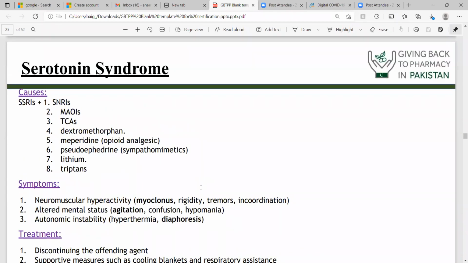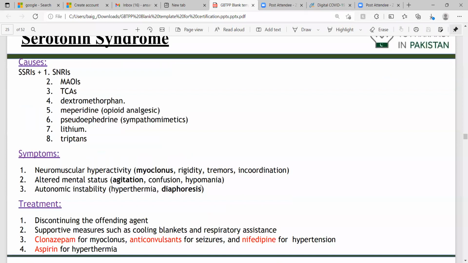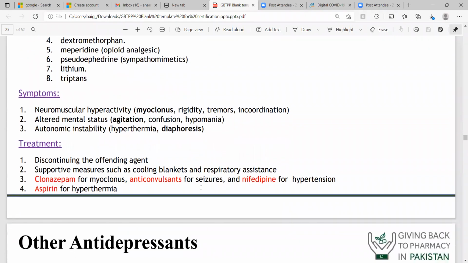In serotonin syndrome, this is just a slide for discussing serotonin syndrome. Symptoms are neuromuscular hyperactivity like rigidity, tremors, and altered mental status like agitation, confusion, and hyponatremia, and they have a very high temperature.